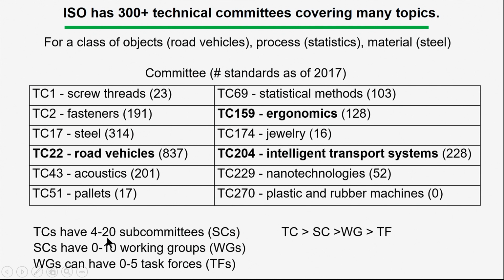It might be a technical committee has only subcommittees and no working groups or task forces below it. It just depends upon the scope of work that they're tasked to perform. So again, the structure is technical committees, subcommittees, working groups, task forces. The number of these is in the many, many thousands.